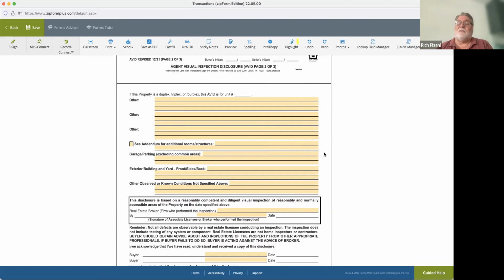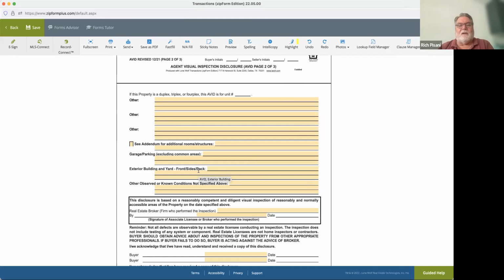Or at the end, other observed or known conditions that you would put if the seller has disclosed to you some specific thing about the property. You can disclose it here. If you know that the heater was serviced in the last week or so, you can disclose stuff like that.